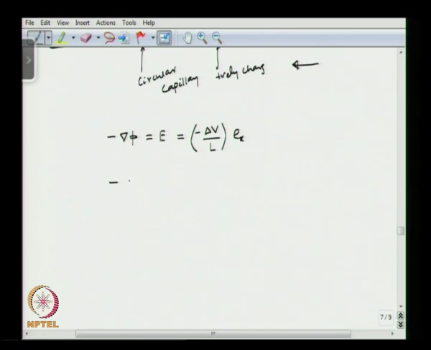Similarly, we can write the gradient of pressure as minus delta P over L along the x direction. Here we say that the velocity is along the x direction and it varies in the radial direction, into e_x. And we have the boundary conditions.